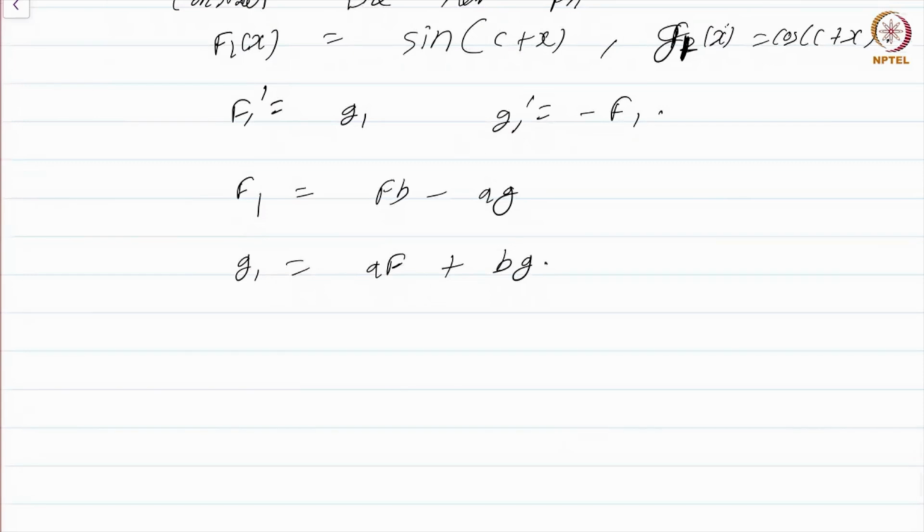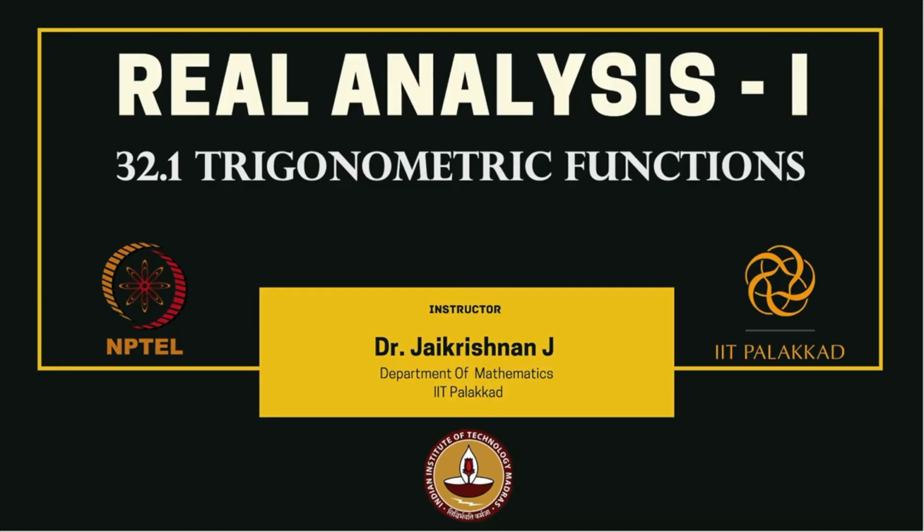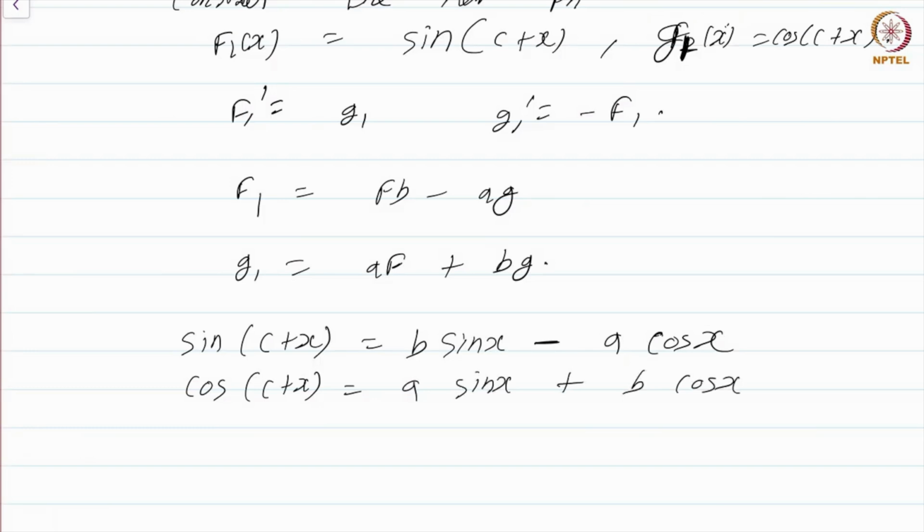So let me just translate this pair of equations into more concrete stuff. What we actually have is sine of c plus x is equal to sine x b minus a cos x, and cos of c plus x is equal to a sin x plus b cos x.